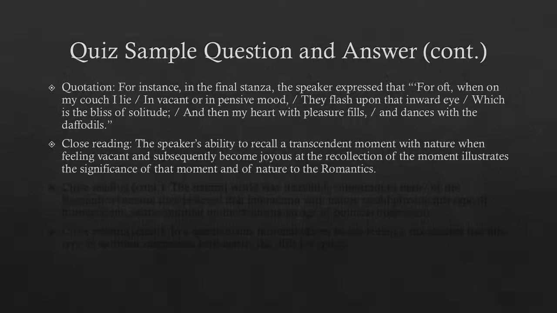Okay, so these would be my few sentences. I have 3 sentences here that would then explain the quote and how it proves my answer. The speaker's ability to recall a transcendent moment with nature when feeling vacant and subsequently become joyous at the recollection of the moment illustrates the significance of that moment and of nature to the romantics.